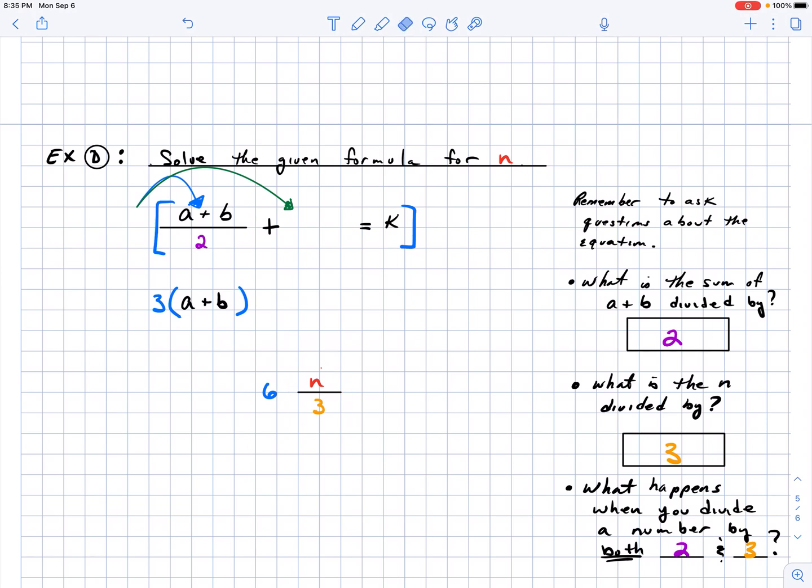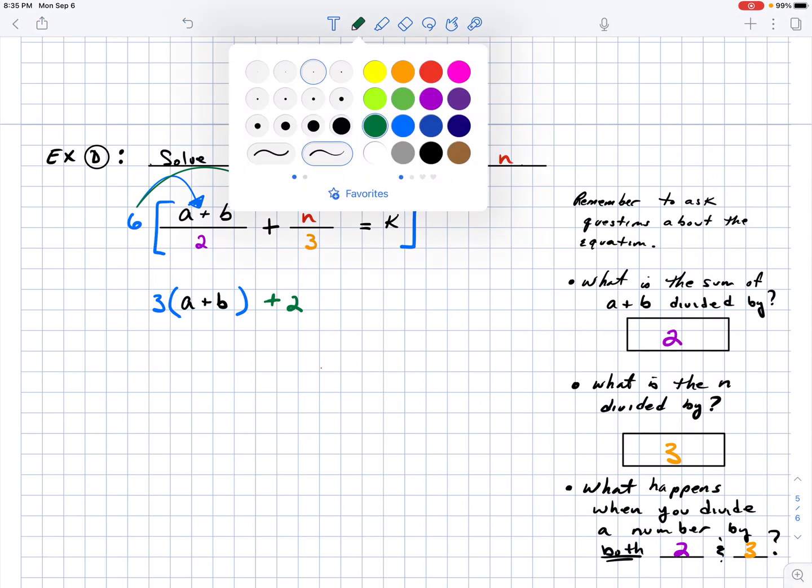So maybe you can see what I'm going to write next. Because we all know that most people simply just don't like fractions for some reason, or rational numbers. So maybe you'll see how I'm writing this now. What was that, 6 divided by 3? Well, that gives you a 2 with the n left over.